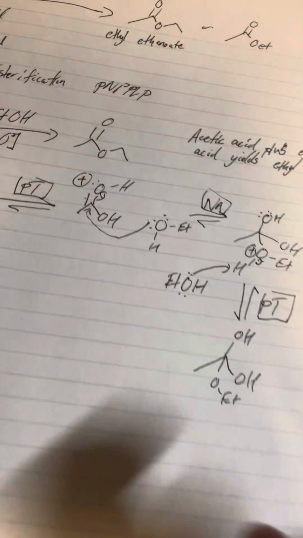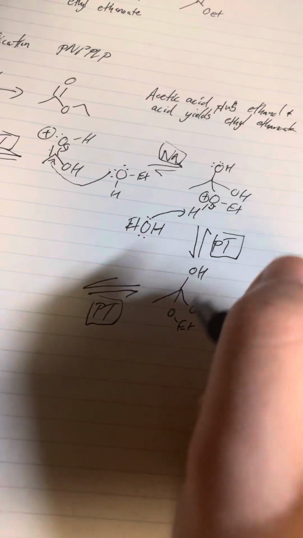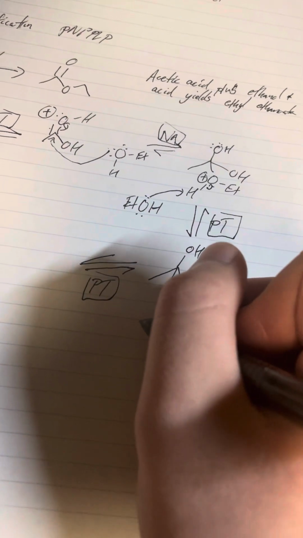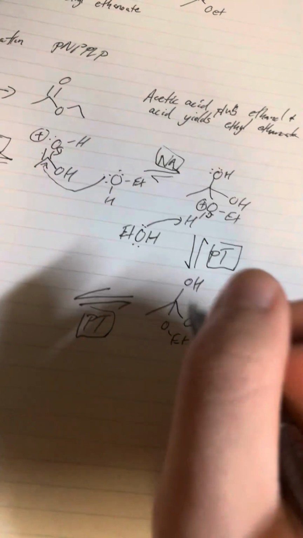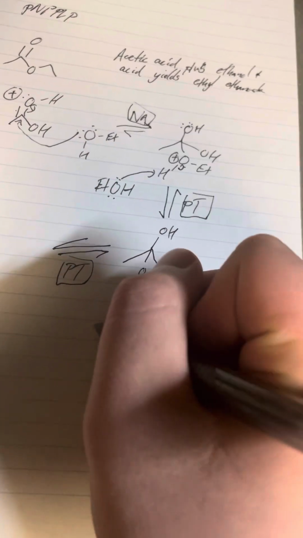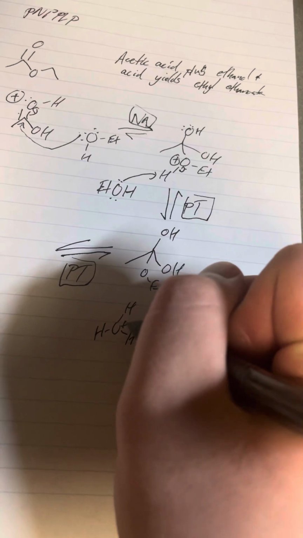So then once more, you're going to do another proton transfer, the next P. What this is going to look like is that you are going to take just your acid in general. So in this case, we're using H3O+, which is just a hydronium ion, which looks something along the lines of this.